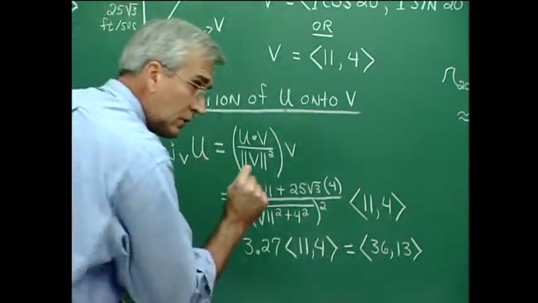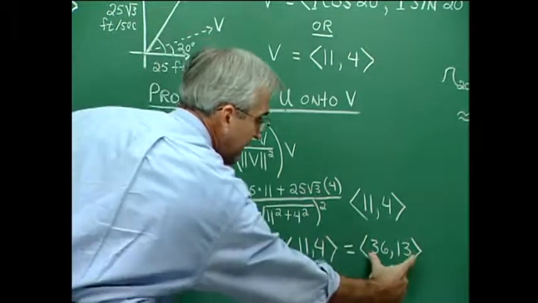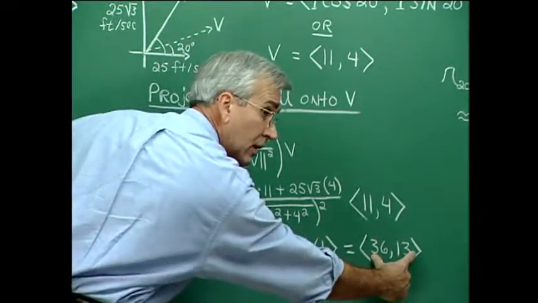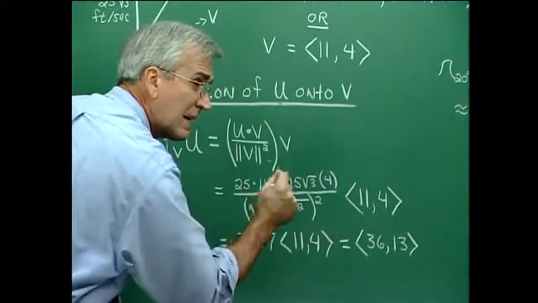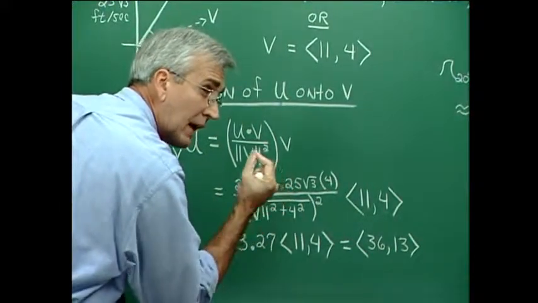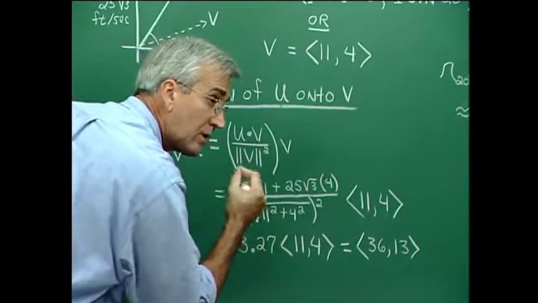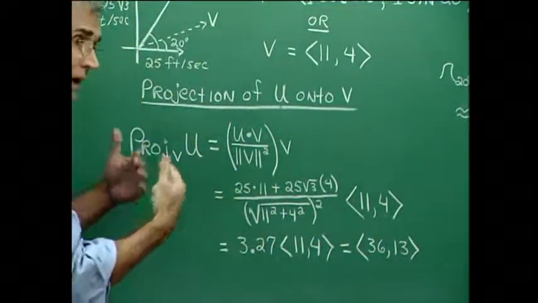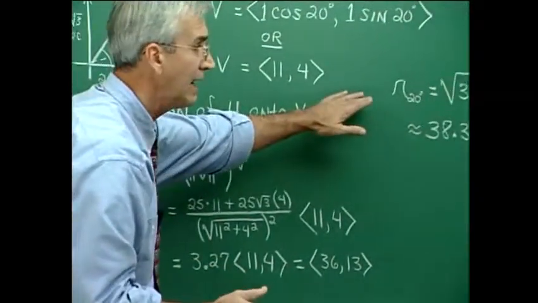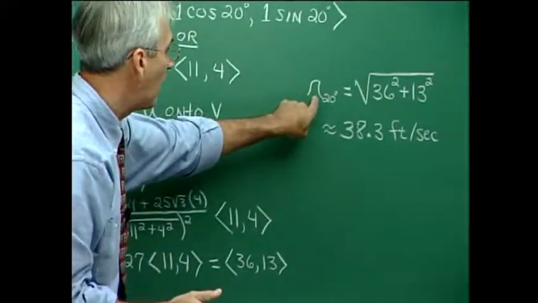Now, this is the vector which is the projection of u onto v. And all we want, though, is the speed associated with that object along that angle. We want the magnitude of this, so we find its magnitude by making a calculation like this. I've designated r as the magnitude.